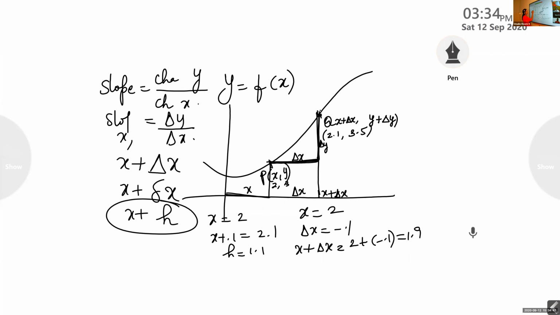Slope is change in y by change in x. Up to this, is it clear? What is meant by delta? What is meant by slope? It is called slope. If you are familiar with the new terms, you will be able to move forward. Is it okay up to this?